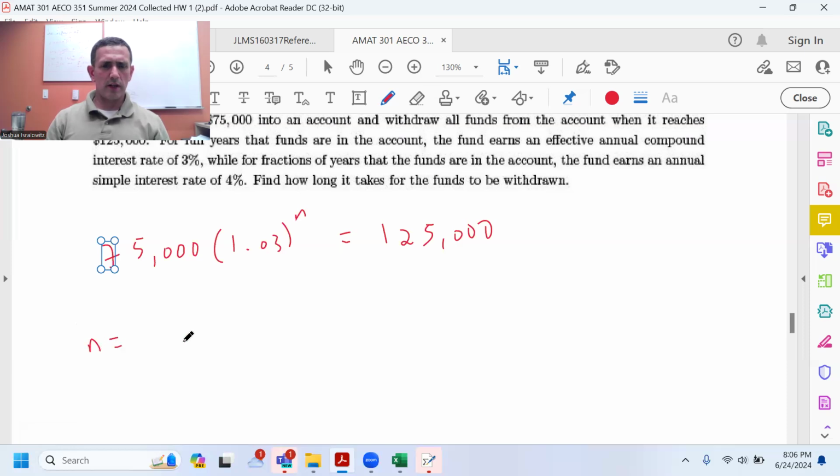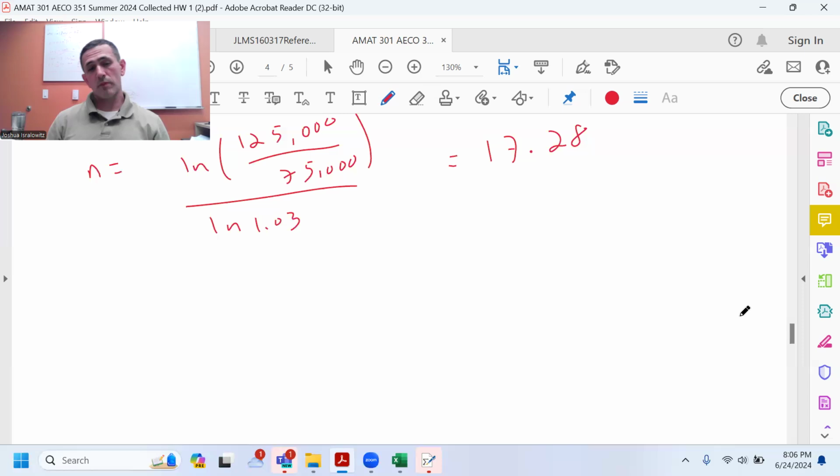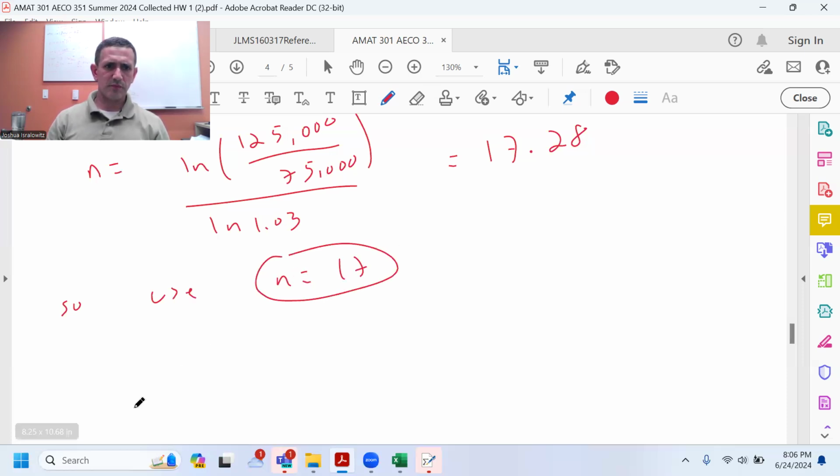Ultimately, you'll get n is ln of 125,000 over 75,000 over ln 1.03, roughly 17.28. So we're going to use n equals 17. So we have 17 full years.